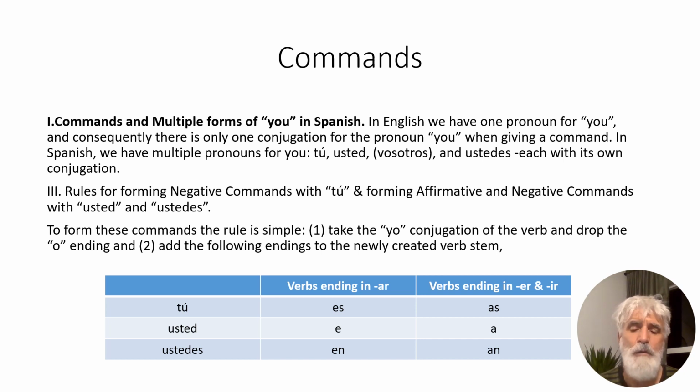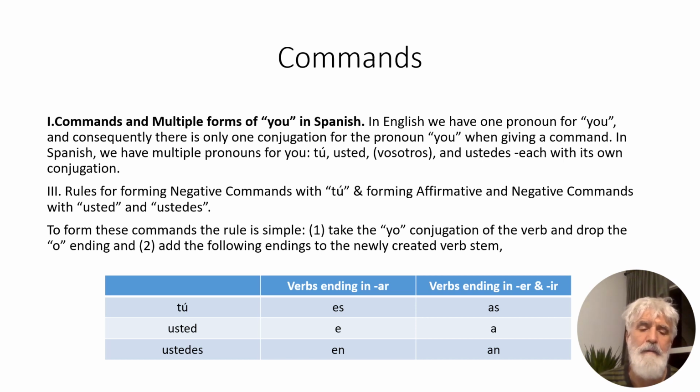If you're asked to give an informal command, like to a friend or someone in your family, you're going to give a tú command usually. So you get the conjugation of that particular verb, whatever the verb is. Let's say it's to eat. You get the yo conjugation of the verb, como. You drop the o, and now you add on an ending if it's a tú command.